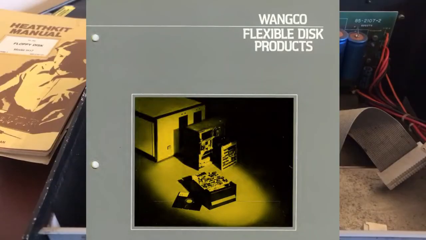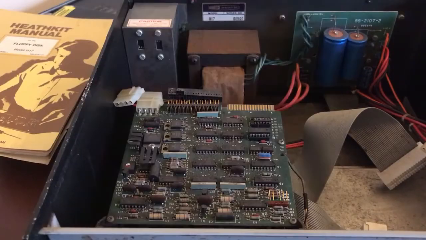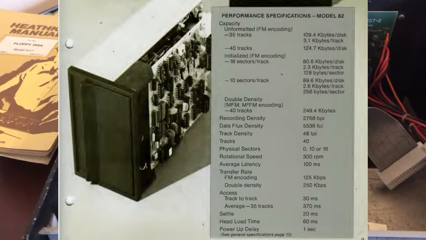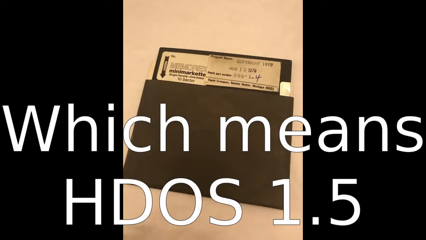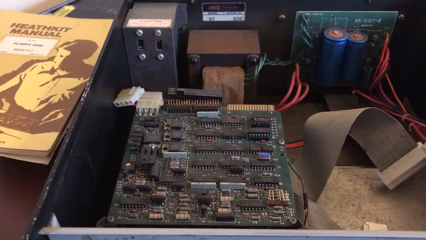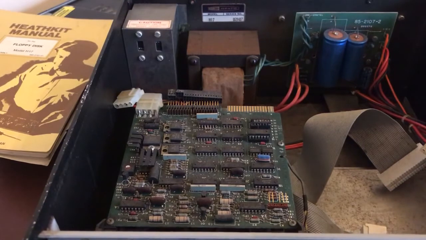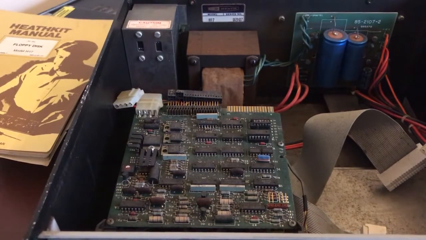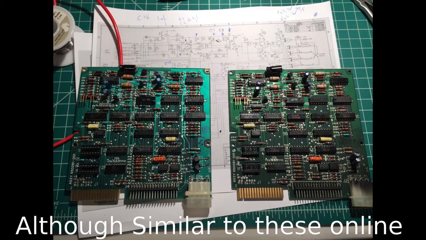I think it might well be a WANGCO, which is the first one they used in these when they first released the machine. This has got a disc with it, as I said, dated from 1979, so it's version 4 of H17. So chances are they could have switched to the Siemens drives maybe. I'm not experienced enough to be able to identify them visually, but this does look like a very early board.